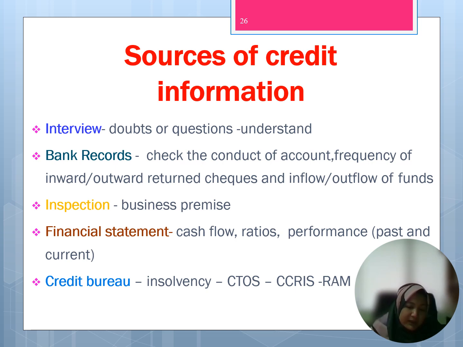From the interview, the bank can understand the characteristics and the ability of the borrower to pay, and whether they can achieve the income to pay back, especially for the business borrower. They propose their potential income. So from the interview, the bank can know whether they can achieve their potential income to pay the loans.